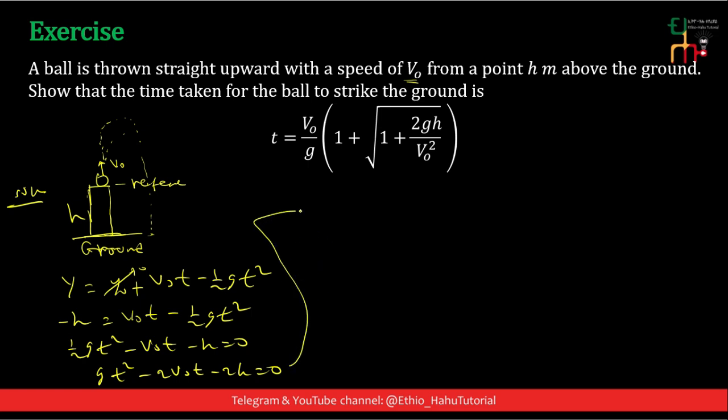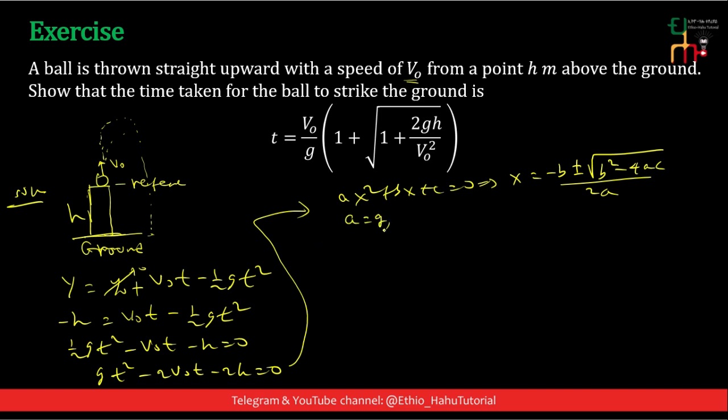Now let's solve for t, because this is a quadratic equation of the form ax^2 + bx + c = 0. The solution of this quadratic equation is x = (-b ± sqrt(b^2 - 4ac)) / 2a. Using this, a is g, t is x, b is -2 v0, and c is -2h.